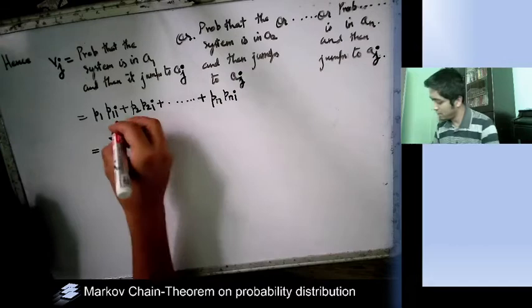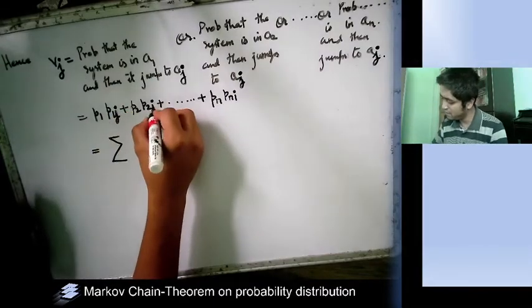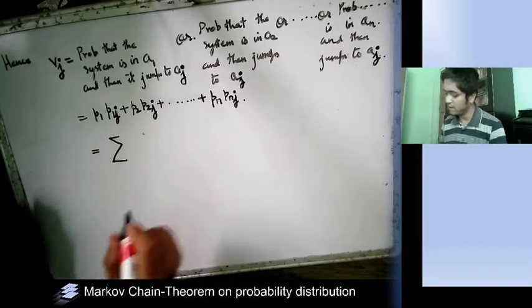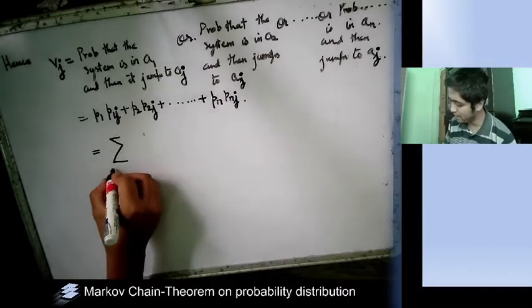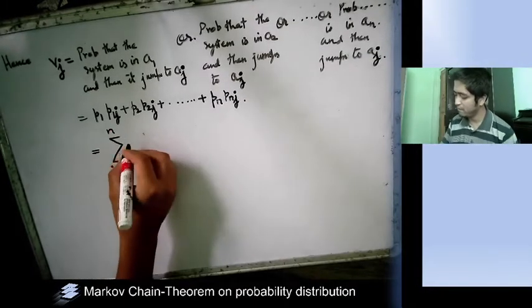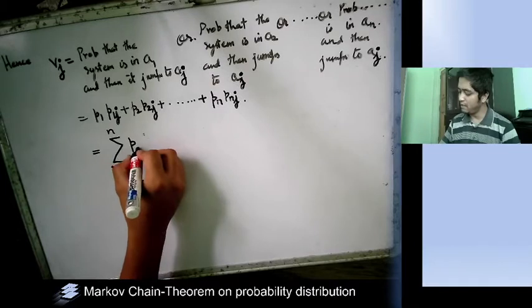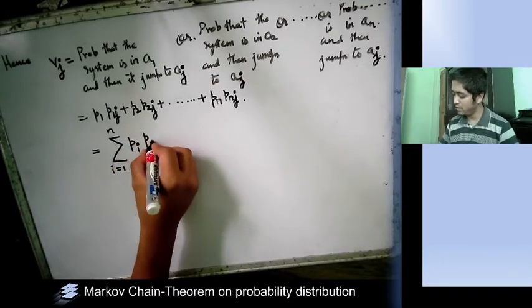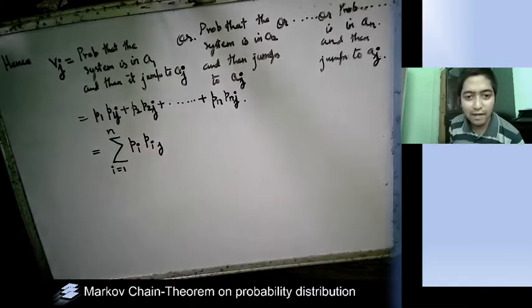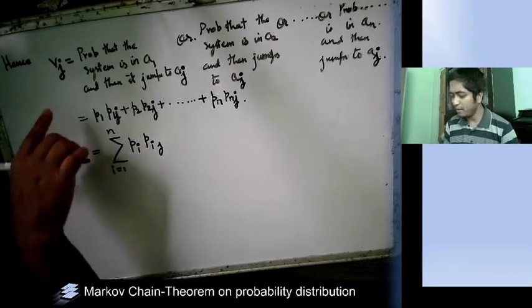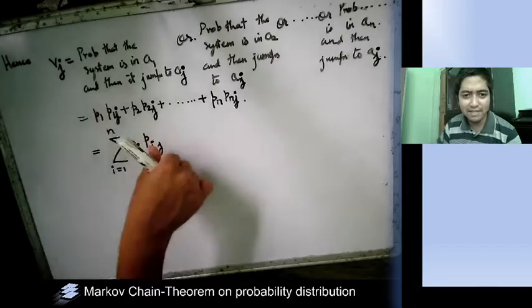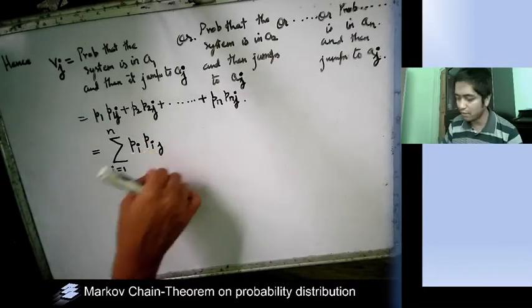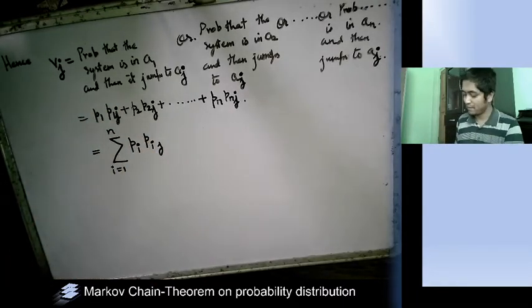Over here also we'll just change it. So this one we can write as the summation from i equal 1 to n of pi Pij. Over here we are finding Vj, so j is fixed first, and what can change is i.